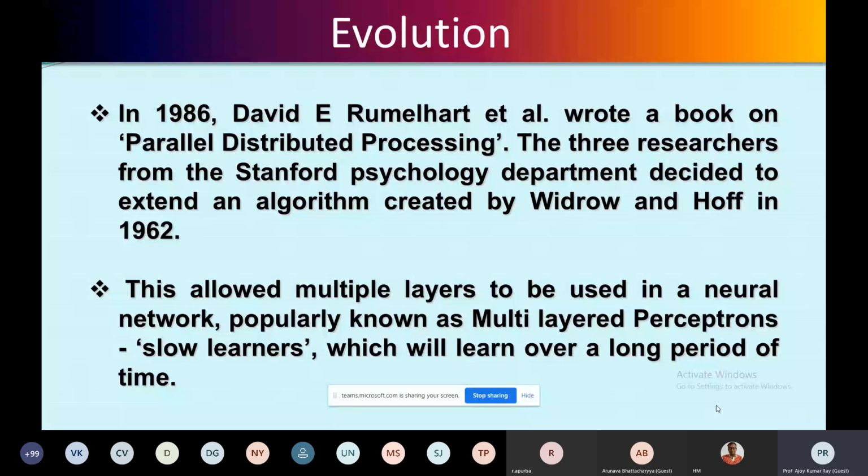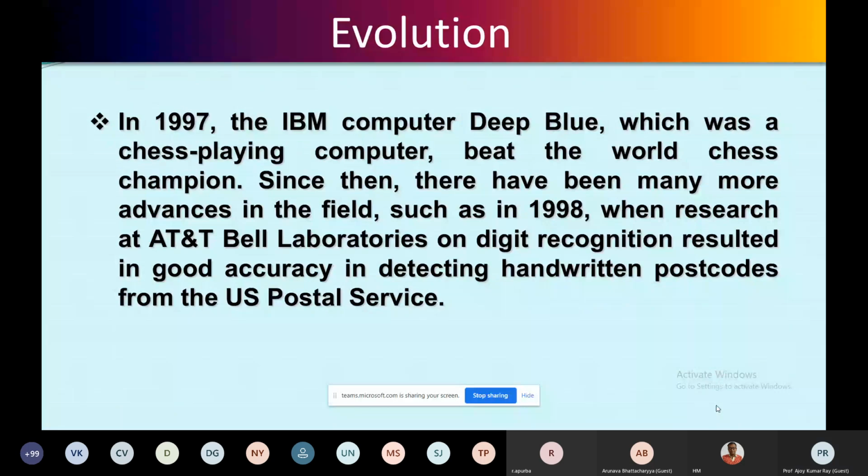I still remember in the 1990s, and 1990s means, imagine, almost 30 years back, many of my students or my colleagues, the MLP used to take a lot of time for convergence. So convergence was a big issue.